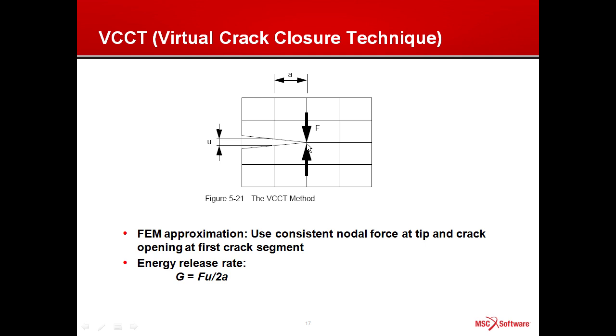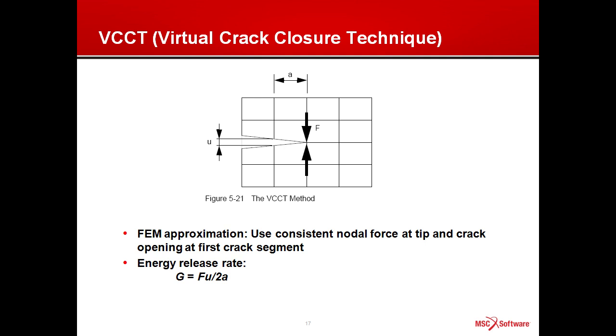Let's say this crack starts to open up, and it opens up with the vertical displacement of U, with the force F acting on it. We can calculate the energy release rate as F times U, okay, that's an energy term, divided by 2A, and A is the crack length.